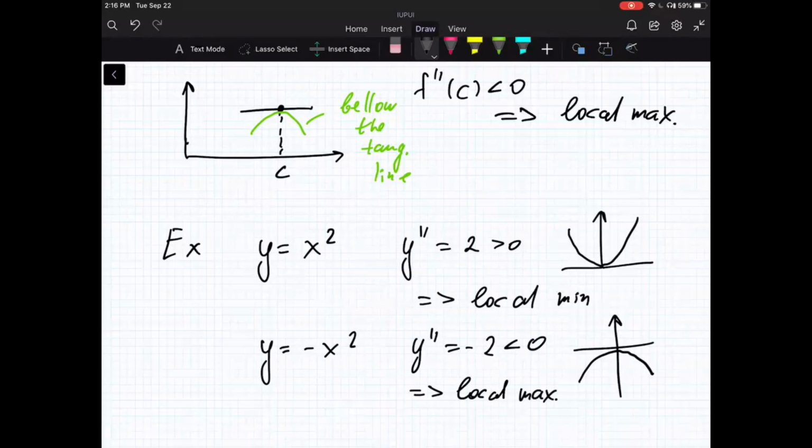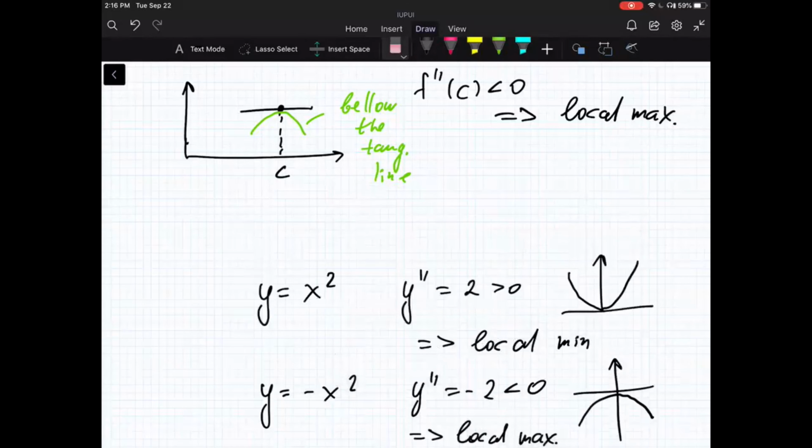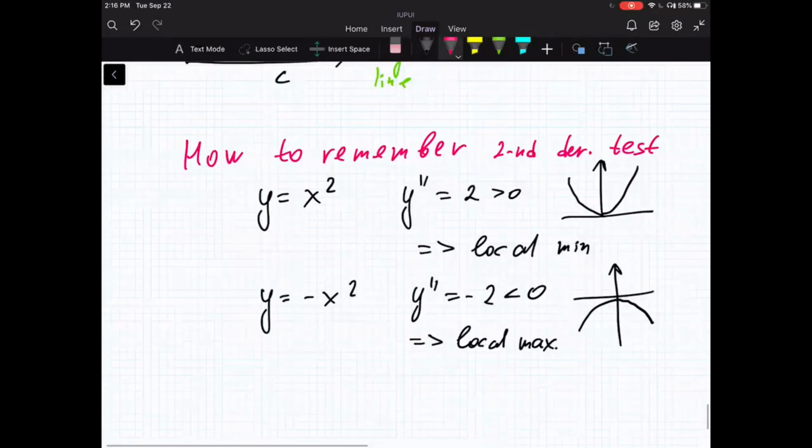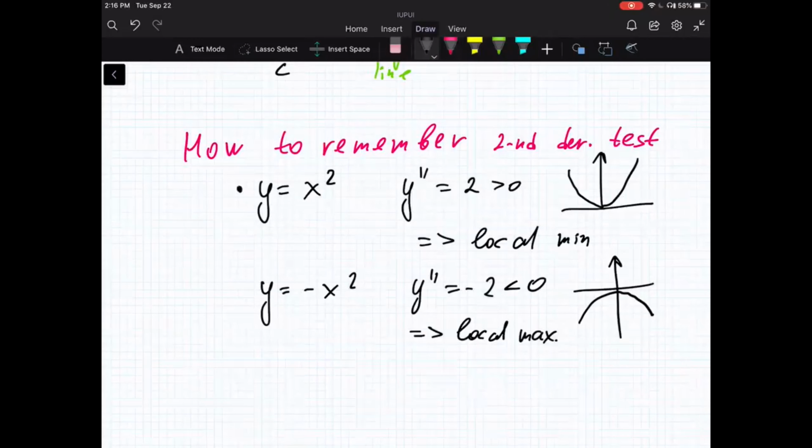That's the way how you can remember the second derivative test. Not an example, but rather how to remember. Just remember these basic examples.